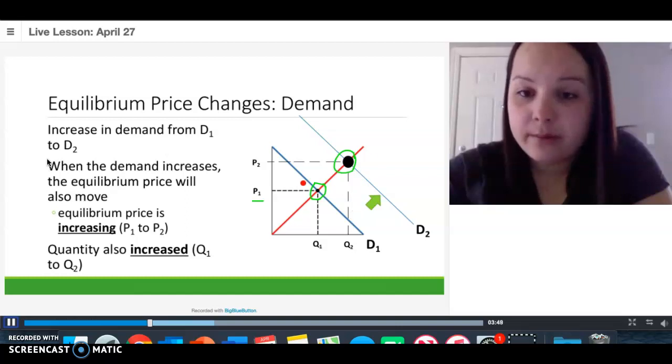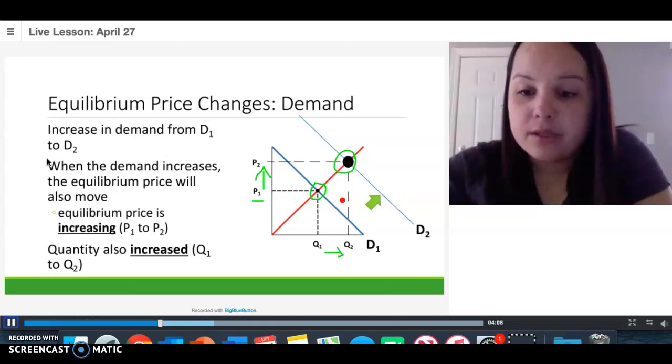So the equilibrium price has shifted. It's changed from P1 to P2. So the price has increased. Now, if we're looking at that, again, we have to take into account what happened to the quantity as well. So it went from Q1 to Q2. So the quantity also increased.